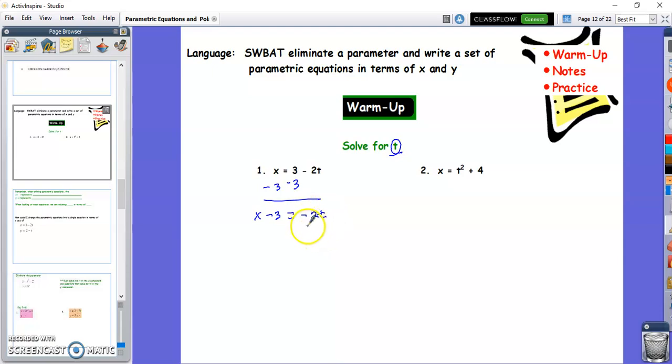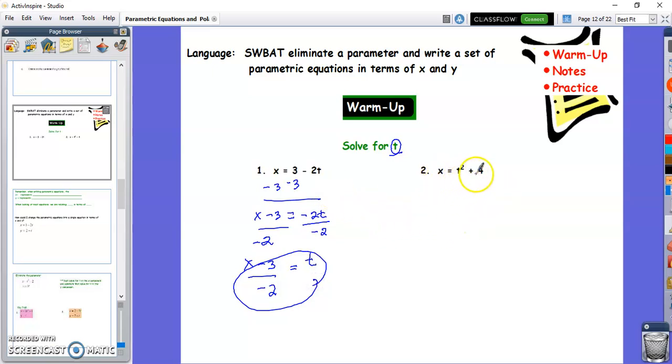Now, since I'm solving for t, we're going to divide both sides by negative 2. Negative 2 divided by negative 2 becomes positive 1, and your t is equal to x minus 3 over negative 2. And that's my answer.